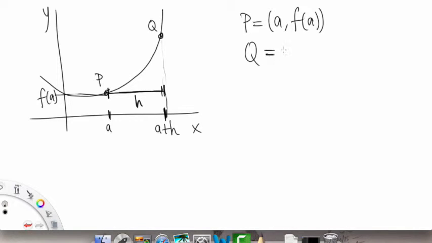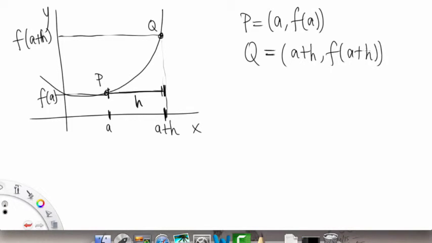So our q, our x coordinate, is going to be a plus h. That's a little different than x, just a difference in naming things. Therefore the y value, or the function value at that point, is going to be f of a plus h, because we plug it in there. So we have an f of a plus h.